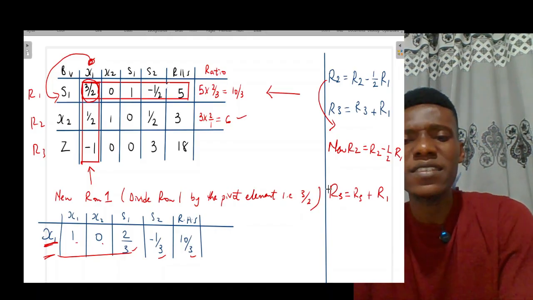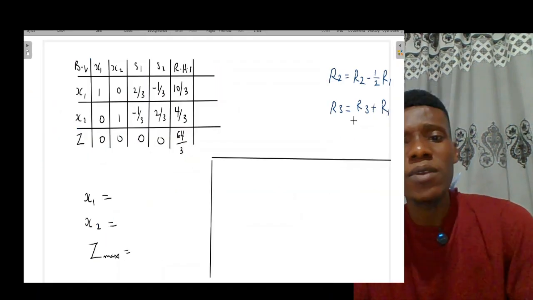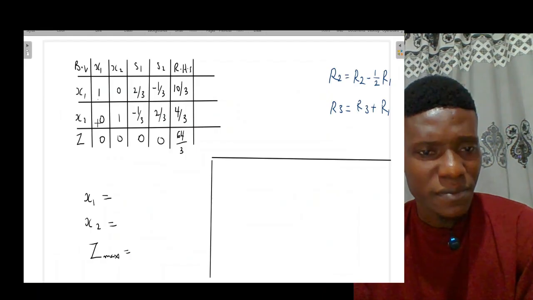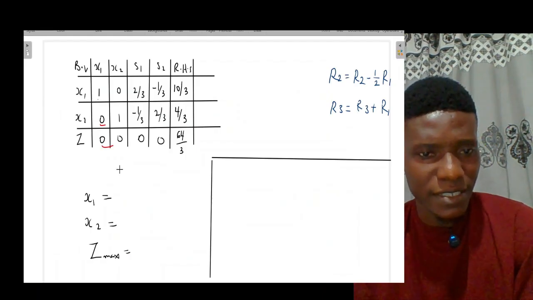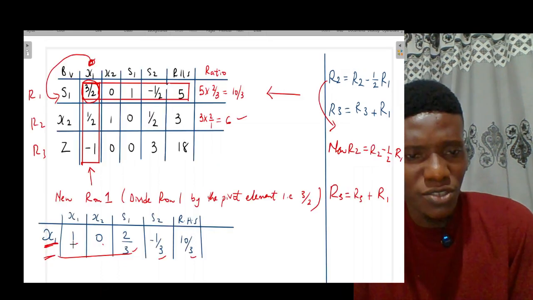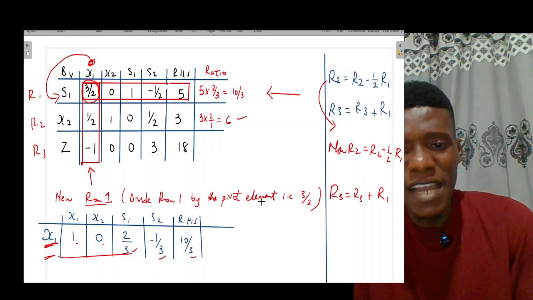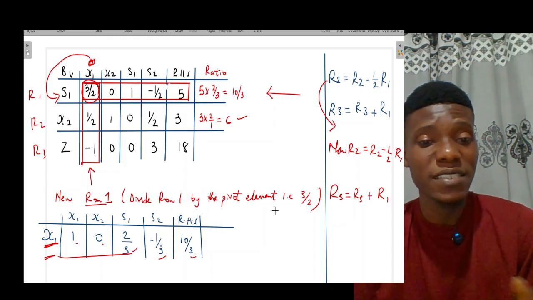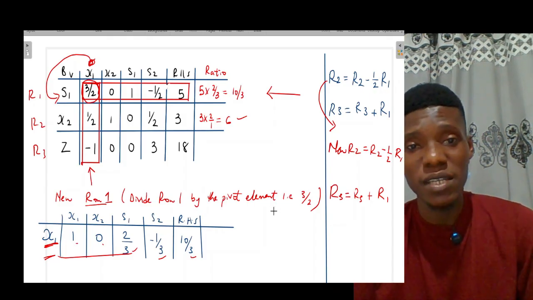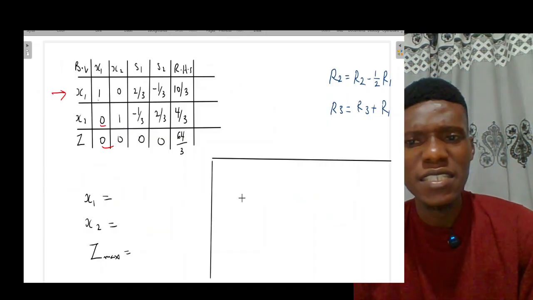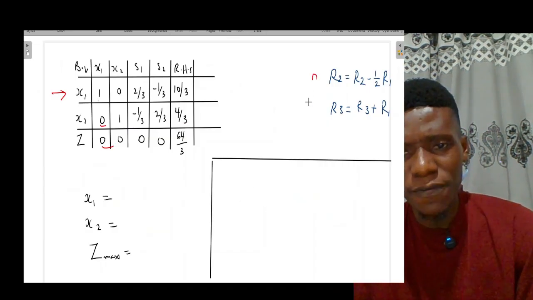So now you have the same formula, and when you bring the formula here, you see how they generated this and this. Don't forget our row 1 is generated earlier using this logic, by dividing row 1 by the pivot element, which is 3 over 2. So now let's test and see if we are actually correct with the formula here.